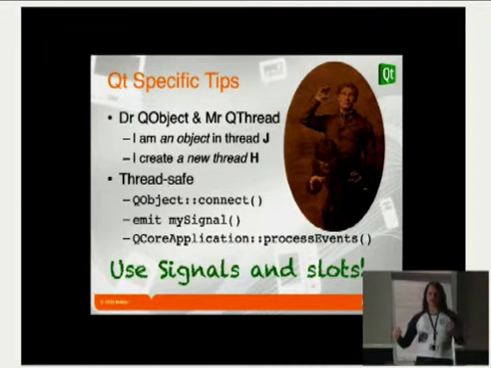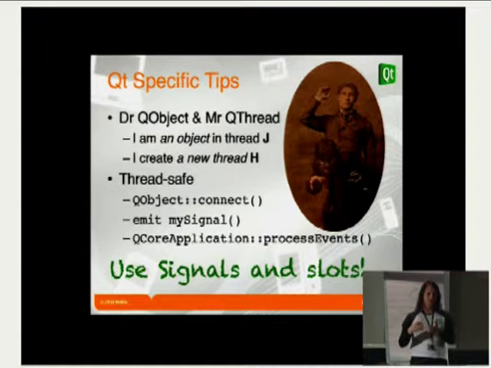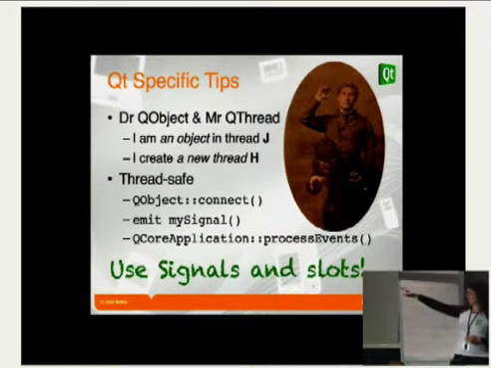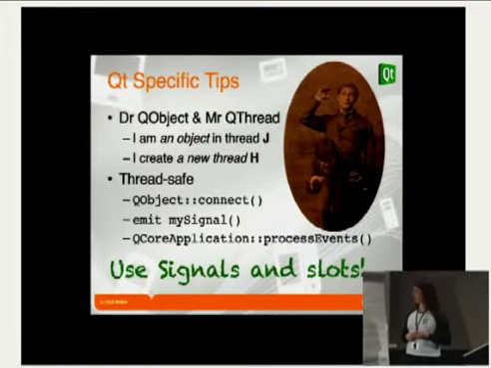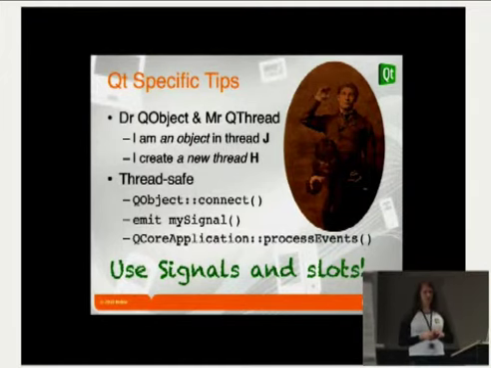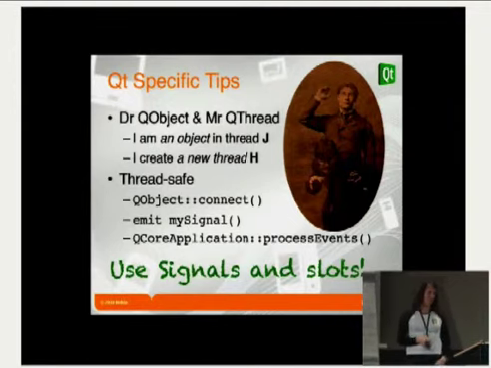It actually internally has a queued structure, and it will serialize value objects out of the end of your signal, queue them up, waiting to be dispatched to a slot in that receiving object in the next thread. So you get your queuing for free. And signals and slots, a lot of the stuff to deal with them are by nature thread safe. processEvents can be important, because sometimes you want to make sure that your signals and slots are actually going to get dispatched, which only happens if you've got event processing happening, so you can drop that call in there.